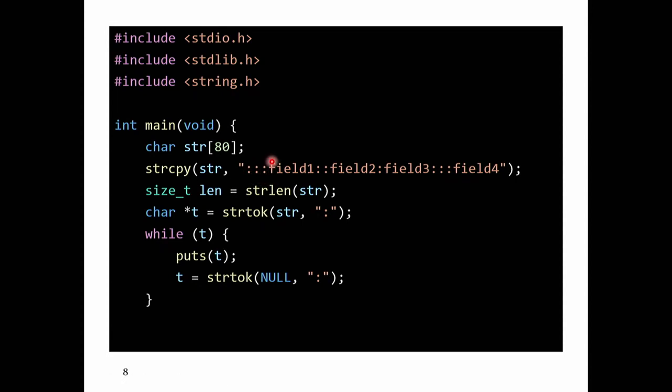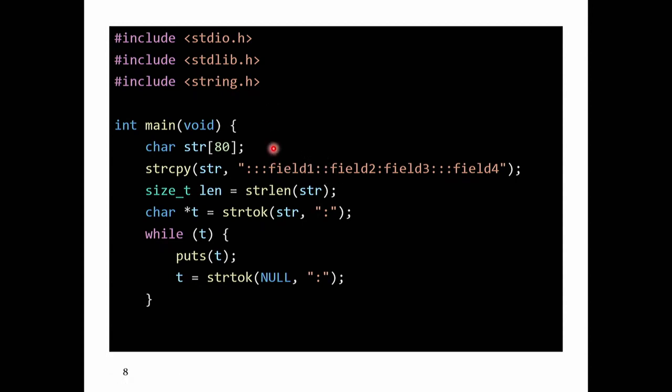So now we're at the F. It keeps going, IELD1. Now it finds a colon. Now it stops. It takes that colon and replaces it with the null terminator. So think about that for a second. It takes that colon, replaces it with a null terminator, so \0 there.